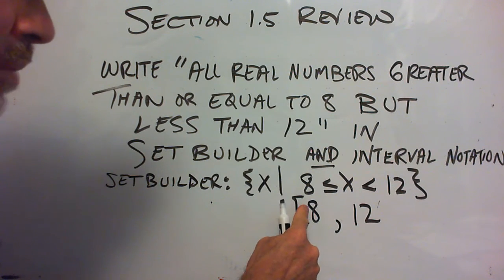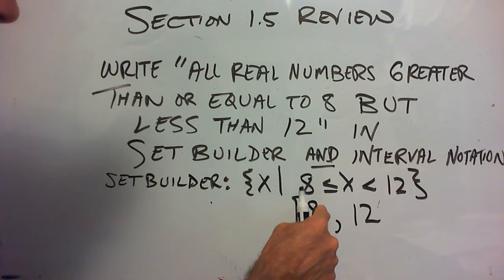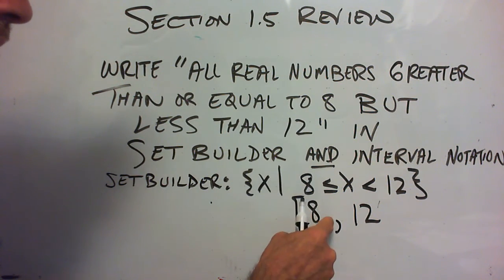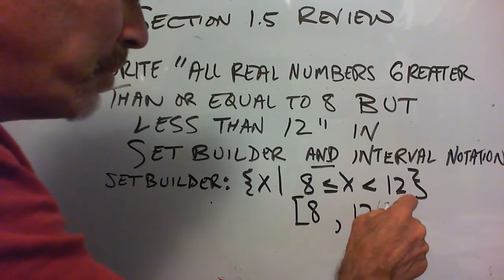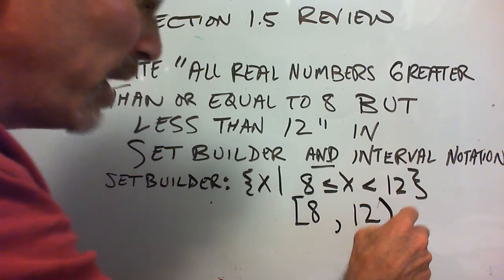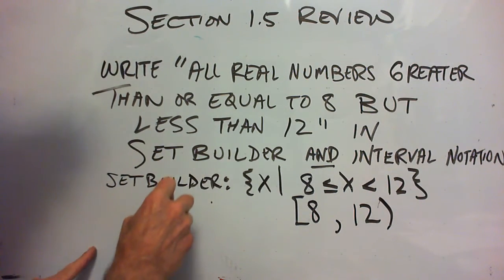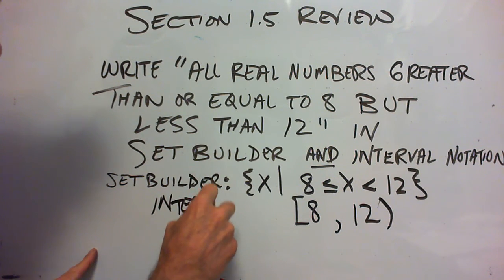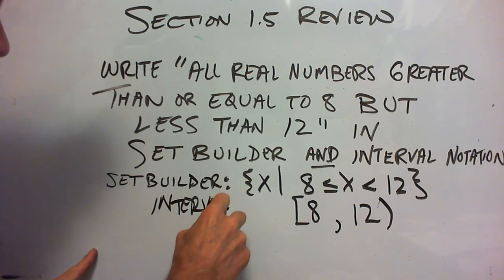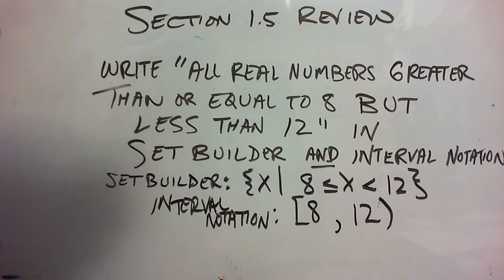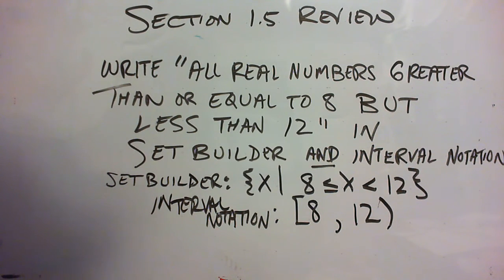So we have a square bracket to the left of 8. That means that our interval starts at 8 and includes 8, and it goes up to 12, but it does not include it, so we use the round bracket. So that's the interval notation. Square bracket 8, comma, 12 with a round bracket to the right.